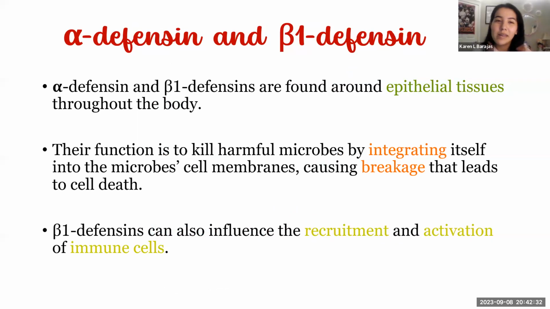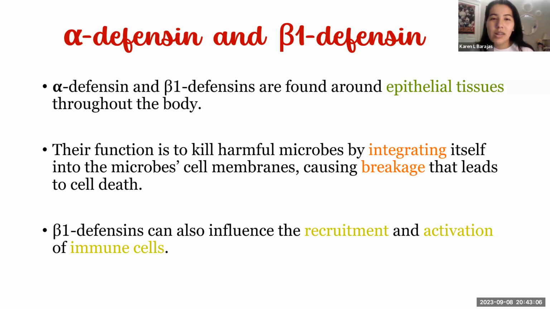So now going into the antimicrobial peptides again, basically the alpha defensins and the beta defensins are mainly found in the epithelial tissue of our body, which is basically in our skin and gut. And for the most part, their function is to kill the microbes by integrating themselves into the cell membrane of the microbes, which is basically like a stabbing motion inside of the cell membranes, which causes breakage, which just means the cell breaks open, and breakage basically means death for the cell.